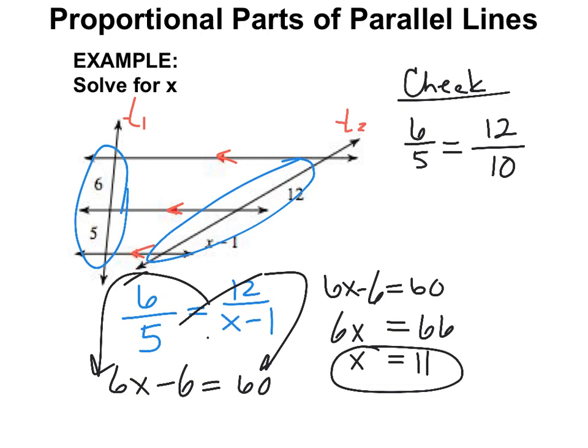So now, are these 2 fractions, or these 2 ratios, equal? If we divide both the top and the bottom of this one by 2, we're going to get 6 over 5. This right here is an equivalent fraction. And this 6 over 5 is already in simplest terms, so we can't simplify it anymore. So 6 over 5, is it proportional? Yes, so we know we've solved the problem correctly.